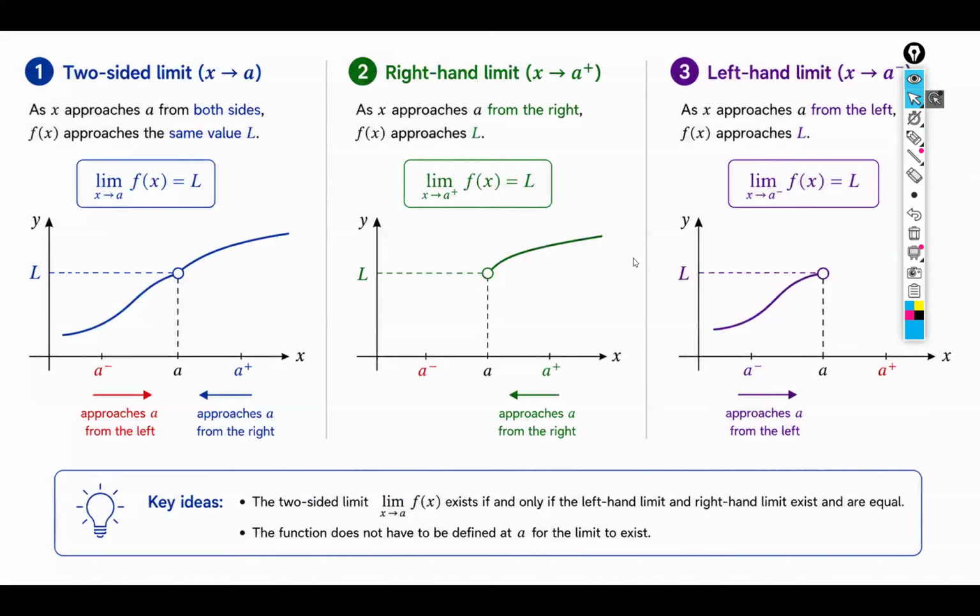Right. So this is an example where there's a two-sided limit, a one-sided limit, and again a one-sided limit. Here you can see this function exists only up to this point.